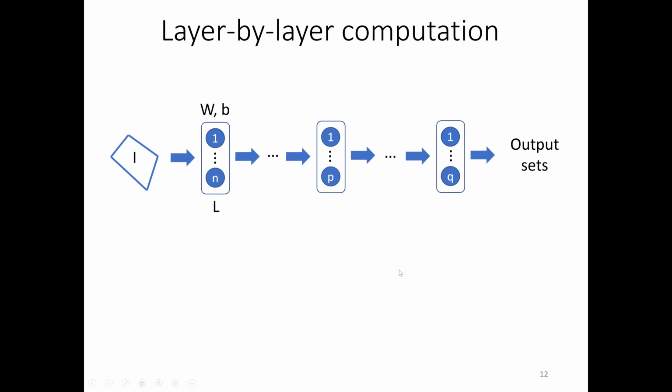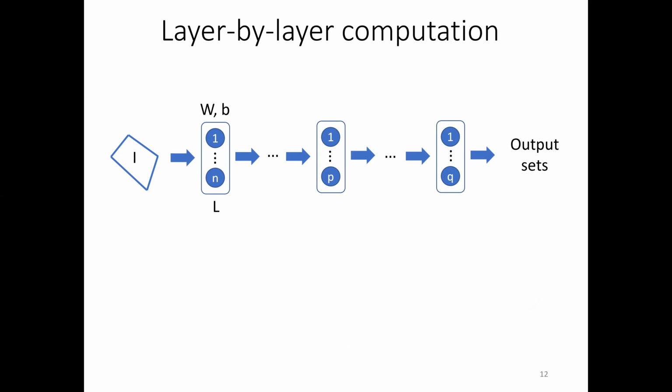Okay, so now we assume that we only have a single input set, which is a convex polyhedron. How are we going to compute the output set of the network? The approach here is that we can do layer by layer computation.